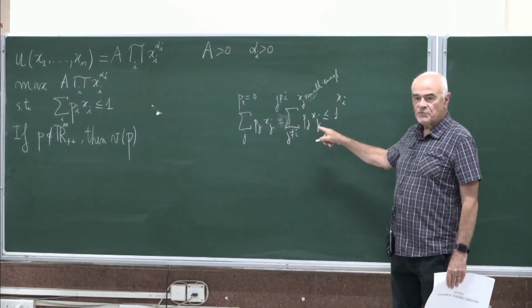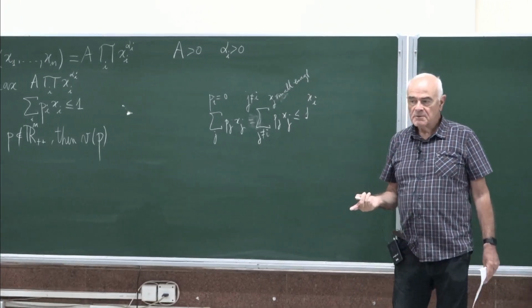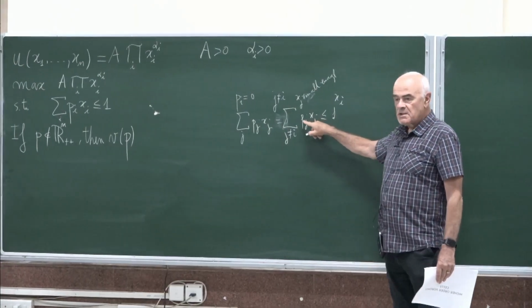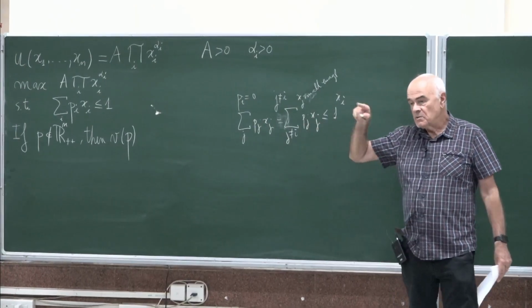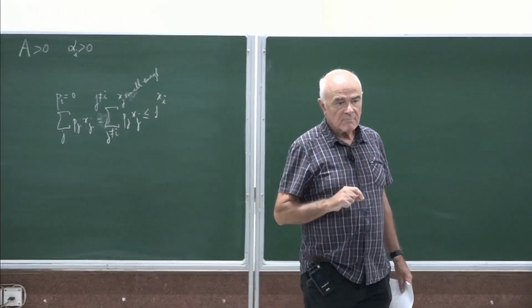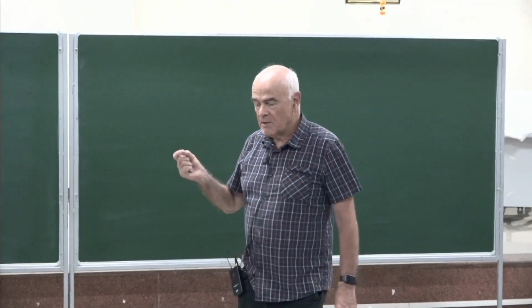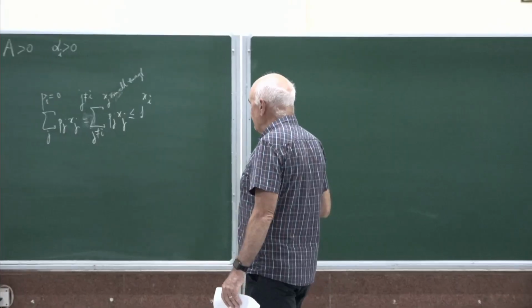Okay, you can always find x small enough, even strictly less, because for 0 it gives 0, then by continuity you can take a positive number, the same for all components.